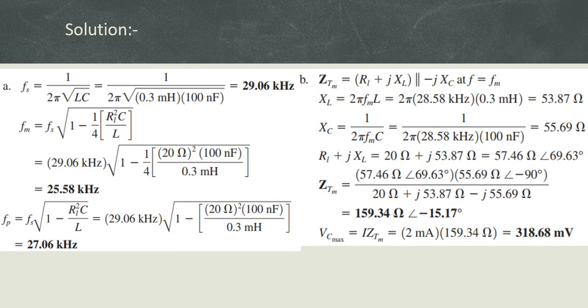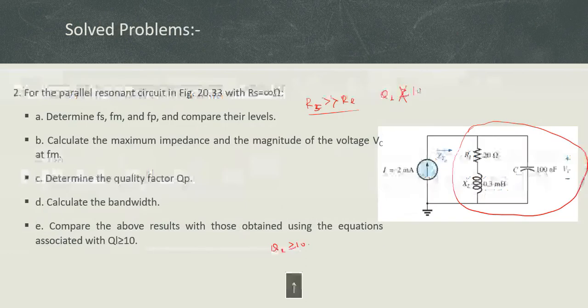First case, Fs is equal to 1 divided by 2 pi square root of LC, which is nothing but the series resonance frequency. We know the value of L and C from the corresponding circuit. Here L equal to 0.3 millihenry.